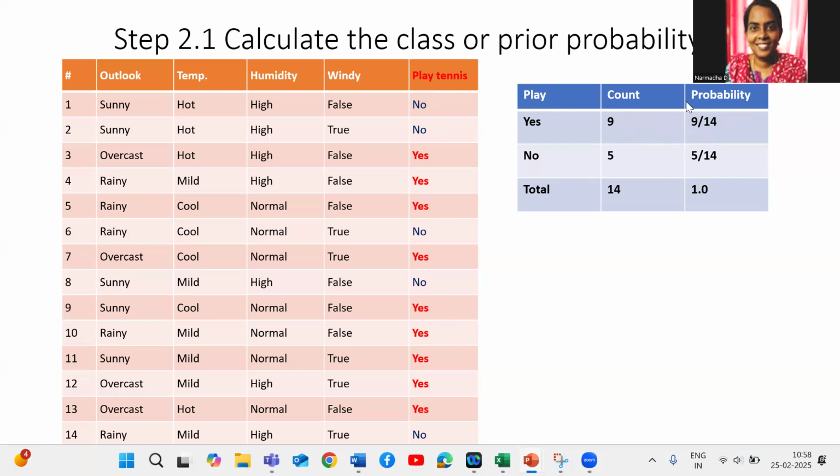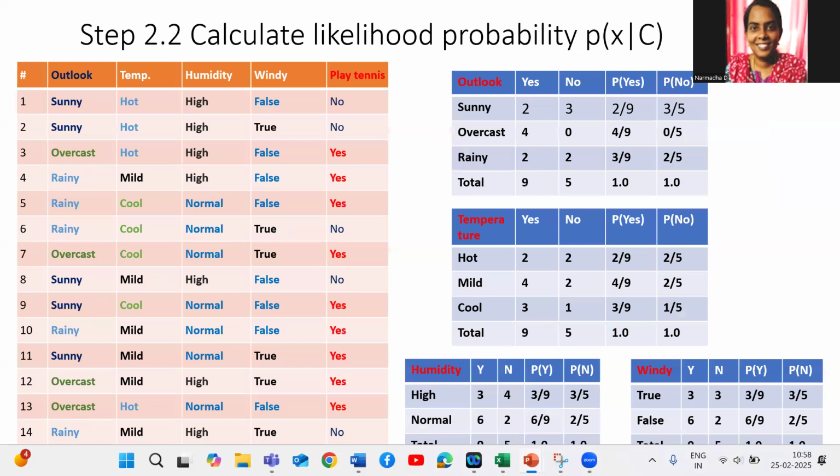The probability is 9 divided by 14. Similarly for no, out of 14, on 5 days they have not gone out and played, which is 5 divided by 14. The total count is 14 here and the probability is 1.0. This is how we calculate the class or prior probability from the given data set.